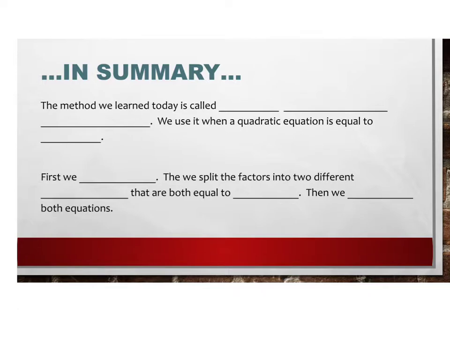In summary, today we learned what is called the zero product property. We use it when a quadratic equation is equal to 0.